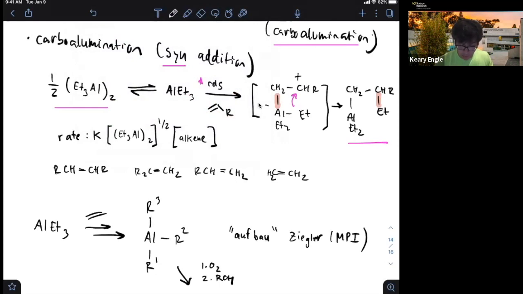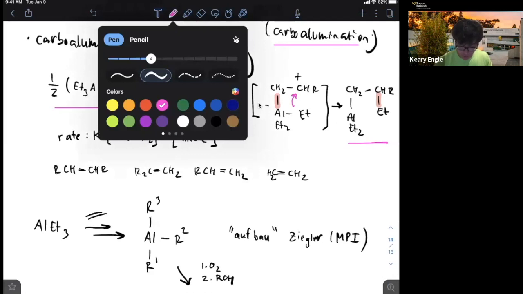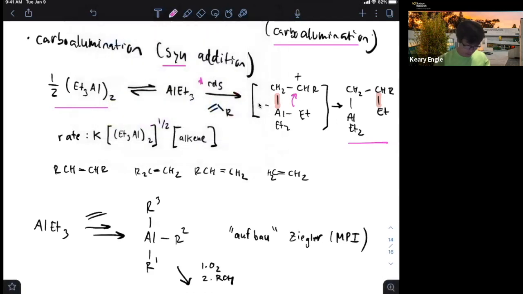And determination of this rate law was indeed one of the factors that helped elucidate the mechanism of this carboalumination process.